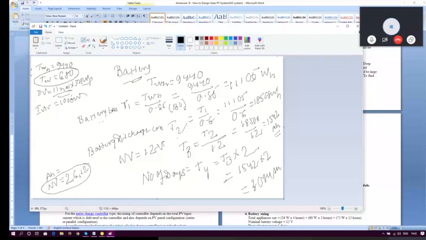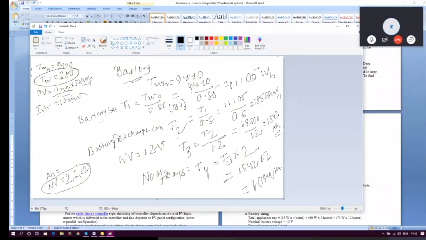I would request Arijit to take the screenshot and share. These are the steps, again repeating. The first step is, after getting the total watt hour for the system, we divide it by the battery loss factor, which is 0.85. After that, we divide by the battery discharge loss factor, which is 0.6.